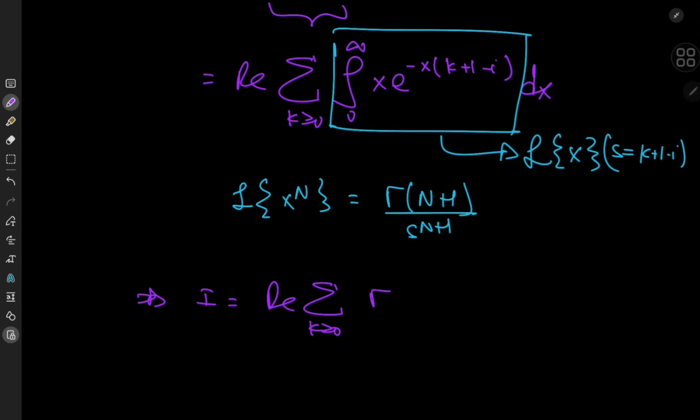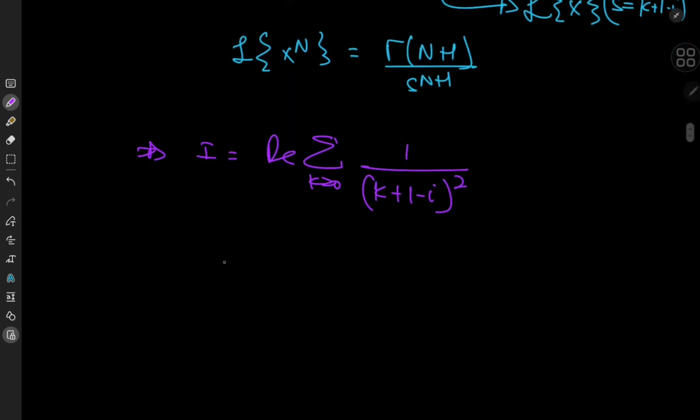Now, the exponent on the x term here is 1, so we have gamma 2, terribly sorry about that, divided by the value of s here, which is k + 1 - i. And again, this is squared. And gamma 2 is just 1 factorial, which is 1. So this is what we have.